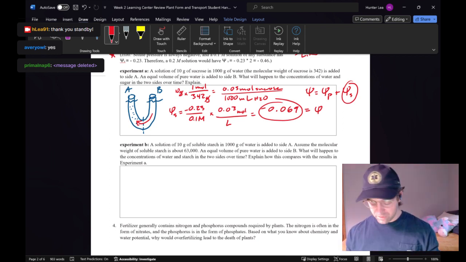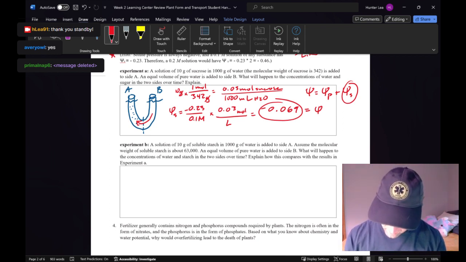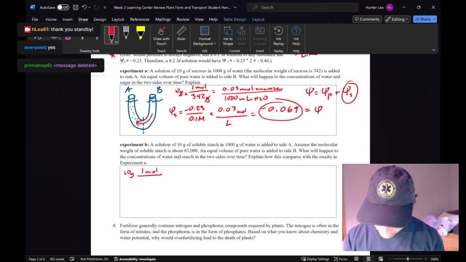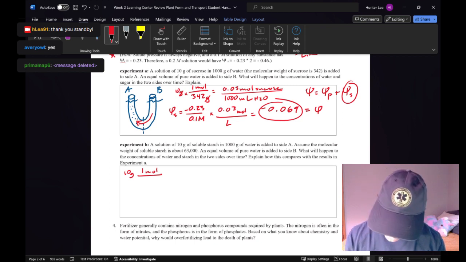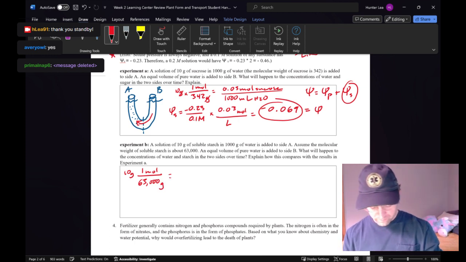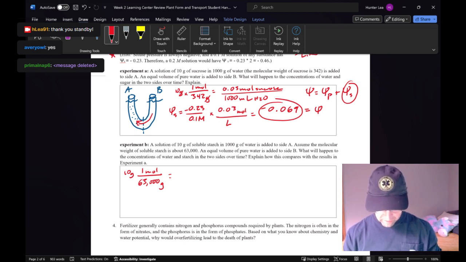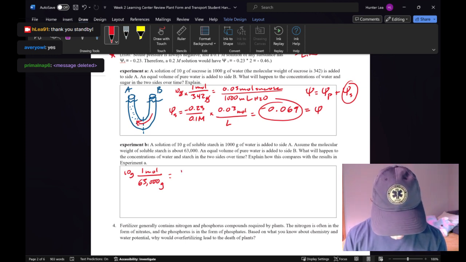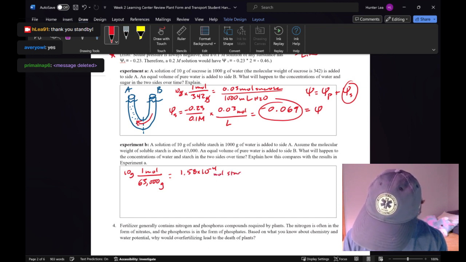So I'm not going to redraw this because it would look very, very similar, but we can go ahead and run our same dimensional analysis. We've got our 10 grams of starch this time at 63,000 grams per mole. 10 divided by 63K would give us 1.58 times 10 to the negative 4 moles of starch per 1,000 milliliters of H2O.